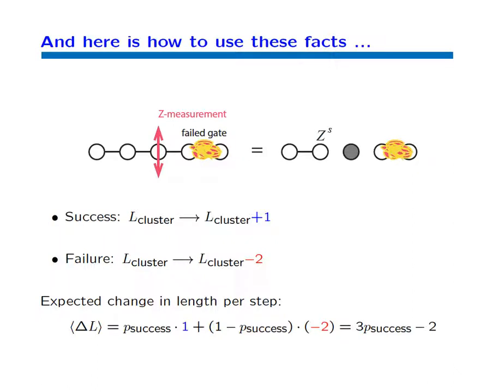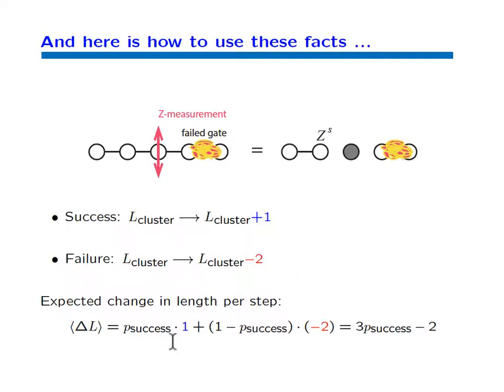There are two cases to analyze. A, the cluster extension succeeds, the conditional phase gate is successful, and in this case the cluster chain length is increased by 1. In case of failure, the cluster chain length is reduced by 2. The expected change in the length per time step is the following.